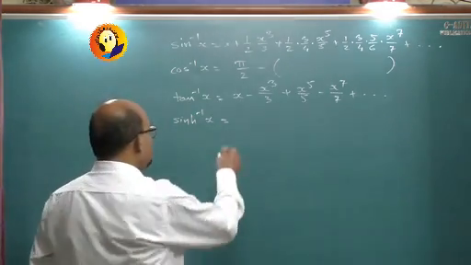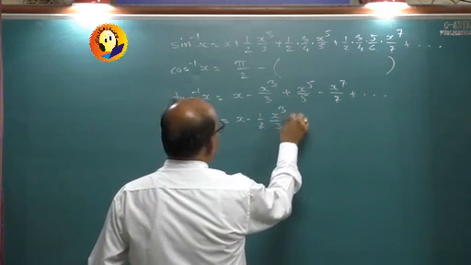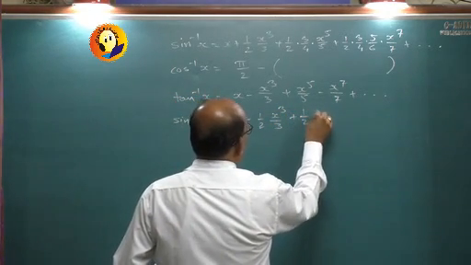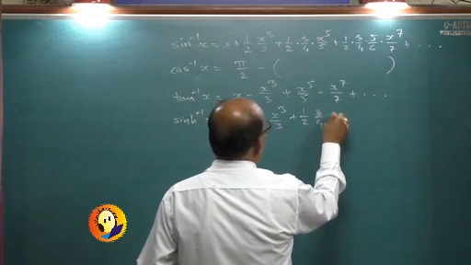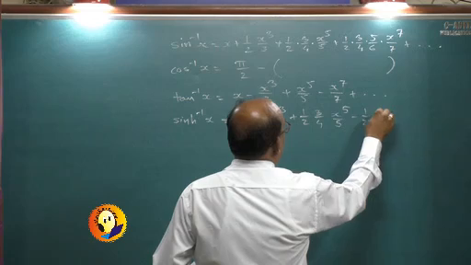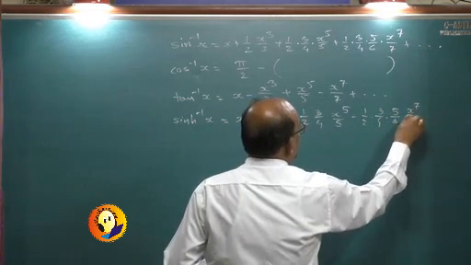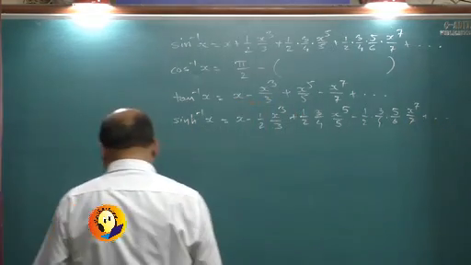So obviously in sin inverse it will be x minus half x cube by 3 plus 1 half into 3 by 4 x raised to 5 by 5 minus half into 3 by 4 into 5 by 6 x raised to 7 by 7 etc.